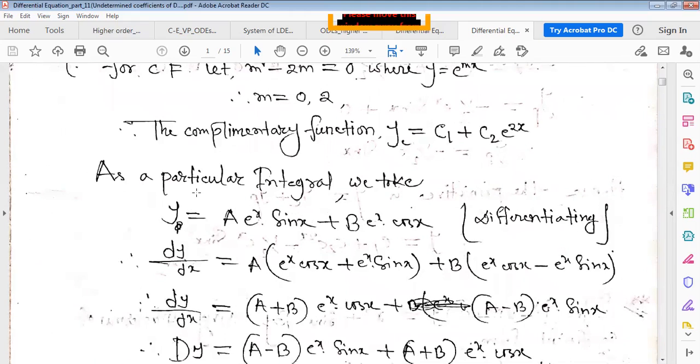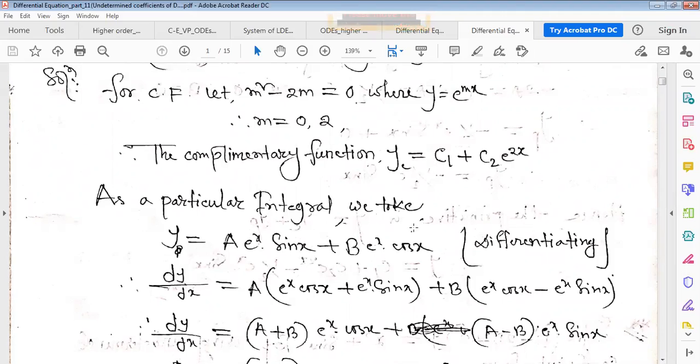So the particular integral can be taken as y equals to a into e to the power x sin x plus b into e to the power x cos x. Actually, this is the particular integral.